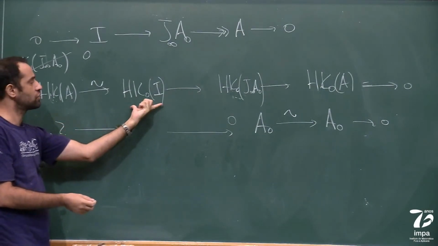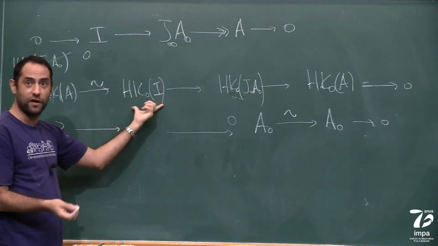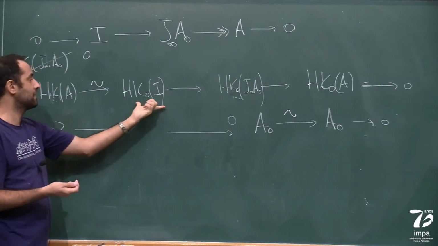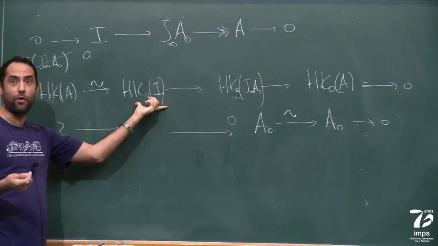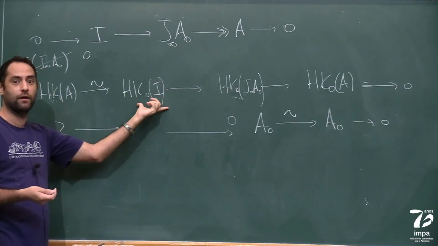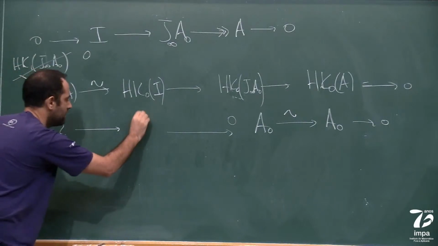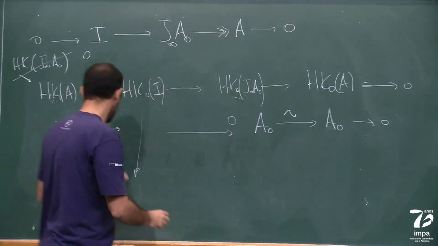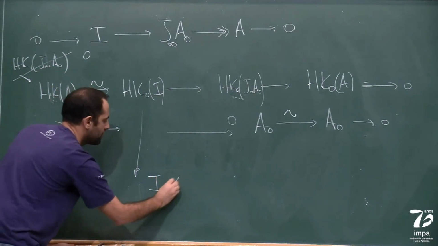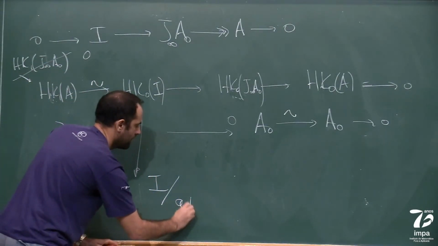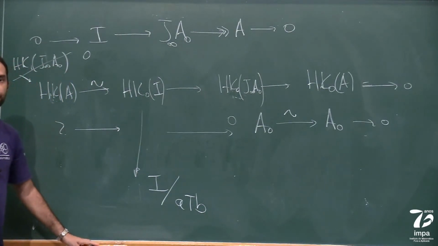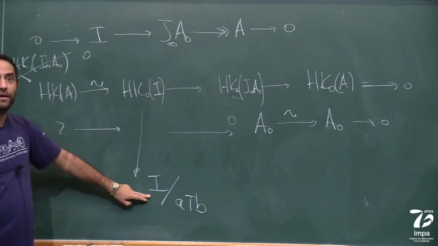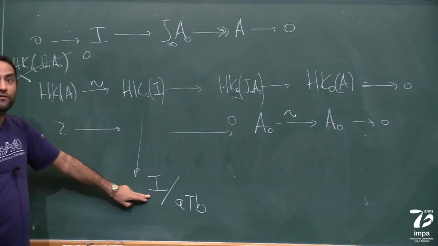And HK0 of I, by definition, is I divided by these elements in I that are the product of some T in I times something else. By the same argument that we proved that HK0 of A is A naught, this thing here is the quotient of I divided by guys of that form. That was the differential in I. But now I is an ideal that is generated in degree bigger than 0.